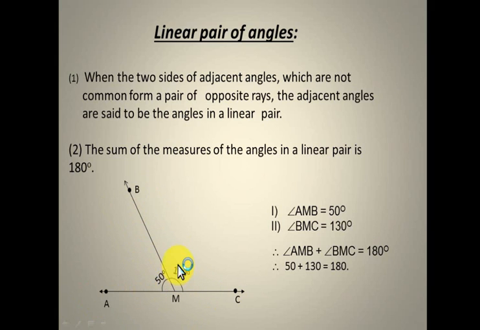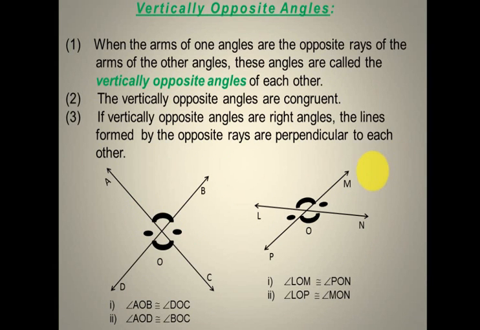If you add both of these, you will get 180. When the sum of two adjacent angles is 180, we call it a linear pair of angles. Okay, very easy. Just think what it is. You will feel it is very easy. It's a very easy concept. Okay, let's move further.